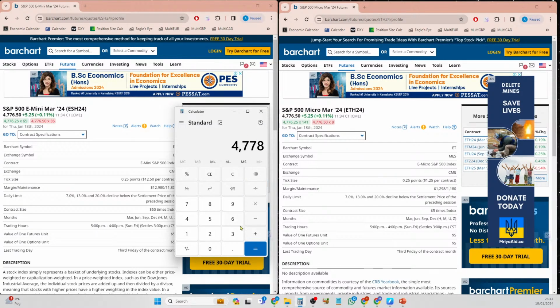That means you have made 2 points. So when you have made 2 points, you simply multiply by the number of contracts. Let's say you had bought one contract, then one times five times the number of points. So that will be $10. So that's the calculation. Let me show it to you on a chart.